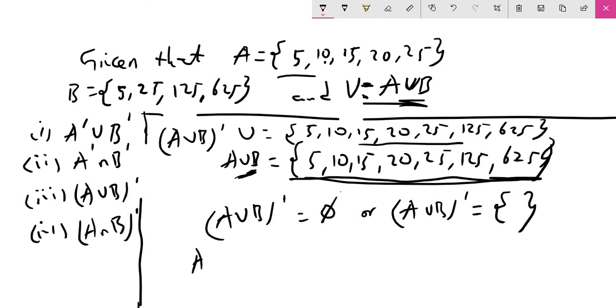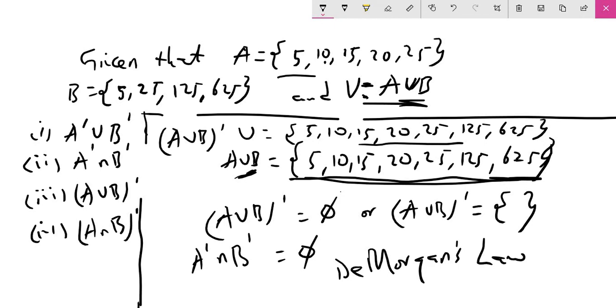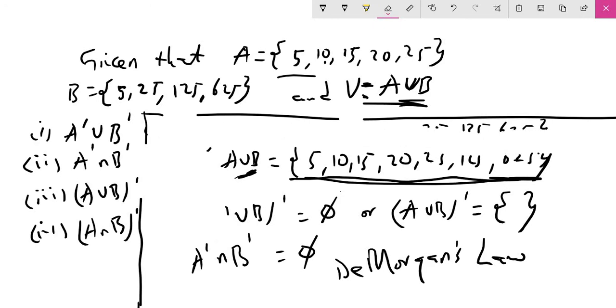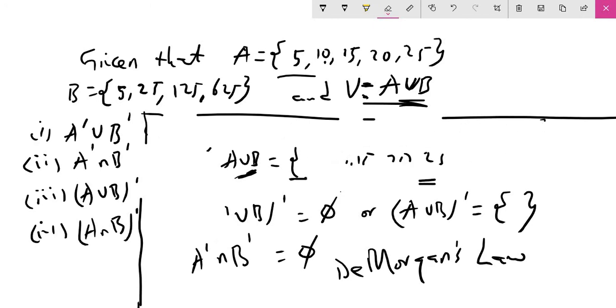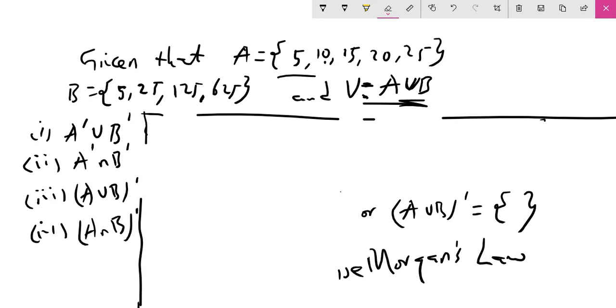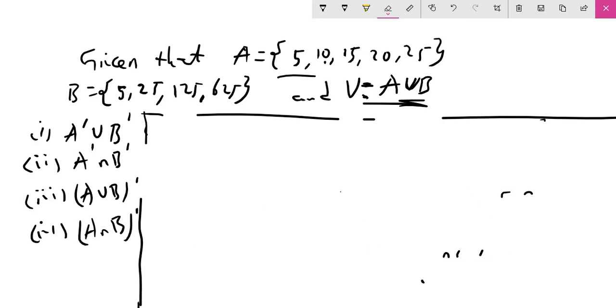Now there's something important that has just come up. Remember when we found A complement intersection B complement, it also gave us the null set. This is known as De Morgan's law. Let me free up some space and tell you a little more clearly how De Morgan's law looks. De Morgan's law says that A complement intersection B complement is equal to A union B, complement.